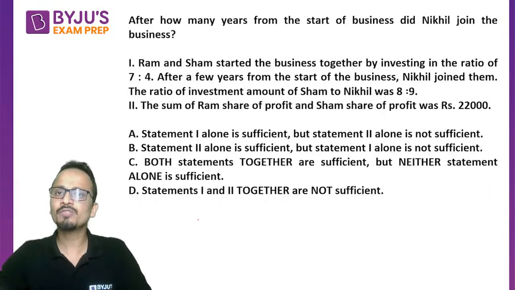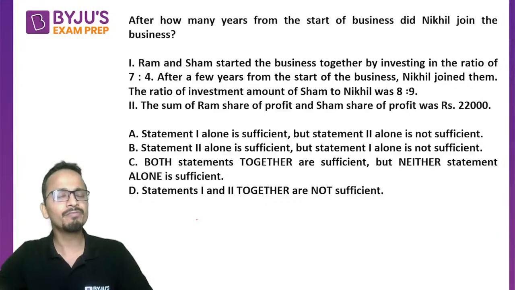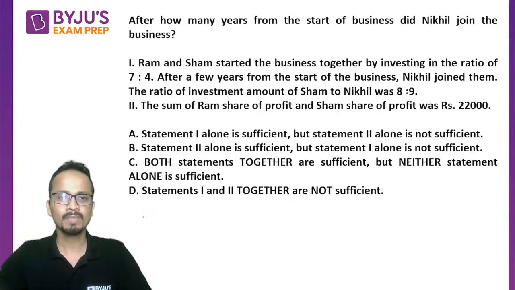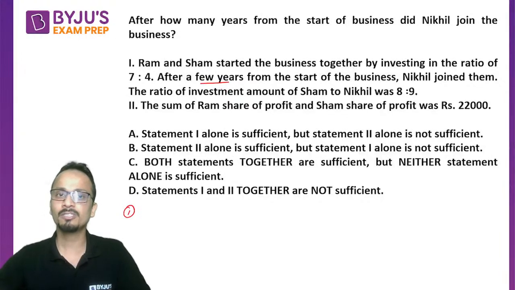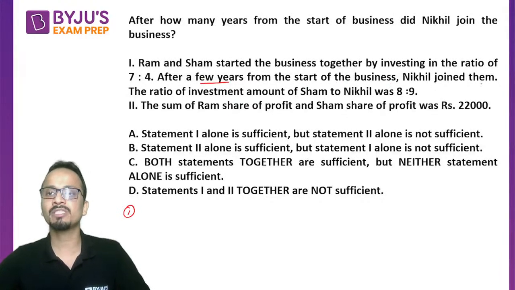After how many years from the start of the business did Nikhil join the business? So time period for Nikhil we have to find out. Statement number one alone. Ram and Sham started the business together by investing in the ratio 7:4. After a few years from the start of the business, they have not given the number of years, Nikhil joined them.